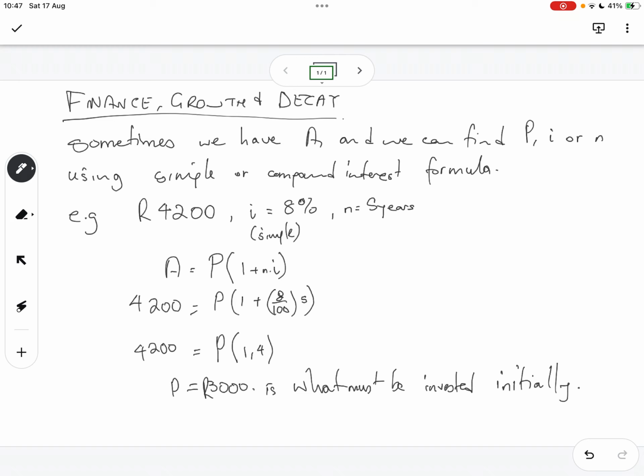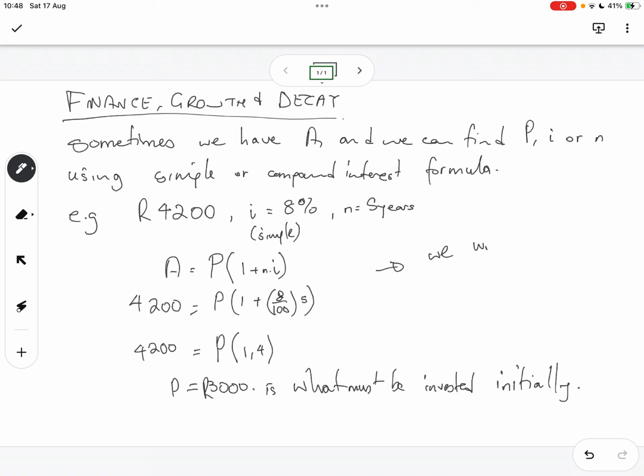So the question is that we go to the bank and we're going to invest money. Now we don't know how much we need to invest so that at the end of 5 years at a simple interest rate we get 4,200.